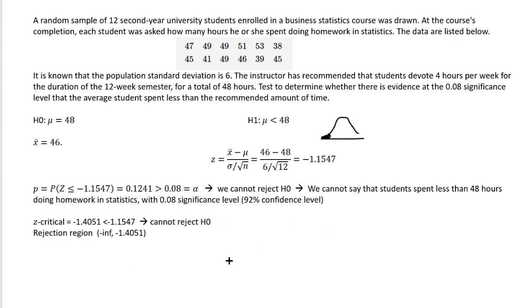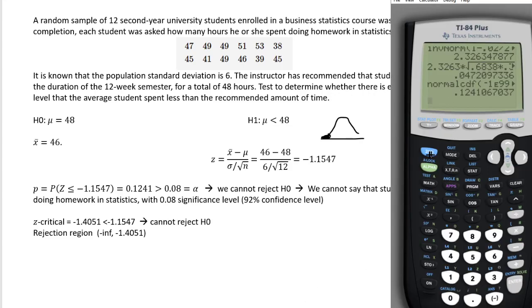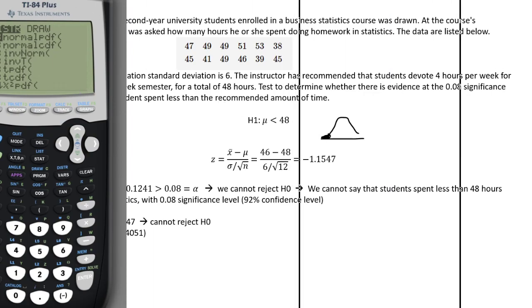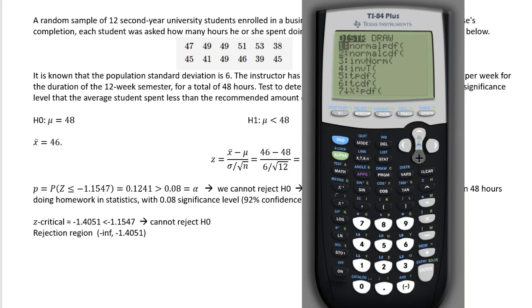Now let me explain a little bit about the critical value approach. For the critical value approach, the z critical value is the region where the area is the same as the given significance value, right? So what you need to do is go to second vars, use inverse norm, and then put the area as 0.08.